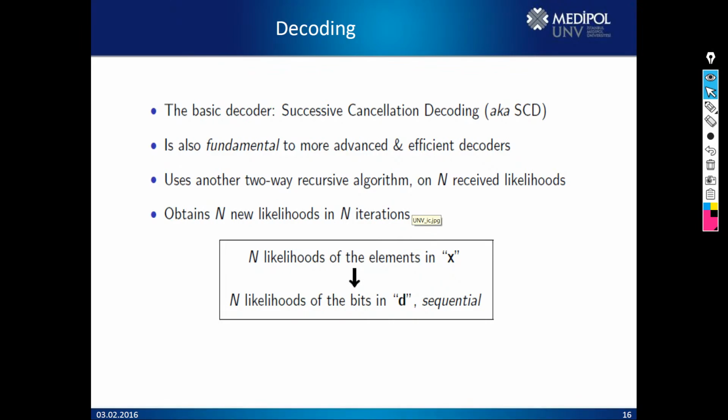So you need to produce likelihoods of the elements in X, as you can see here. This is your received data, your received noisy bits L1 and L2. You take them to kernel F, and you calculate the F function.